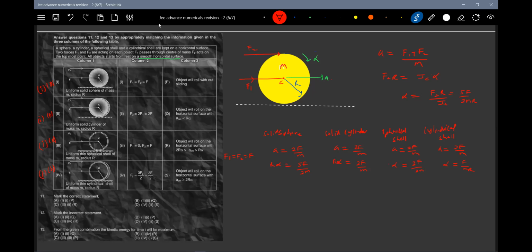Actually I solved this, it really troubled me a lot. This ACM, I'll remove it. Now let's see F2 equal to F1 equal to 2F.